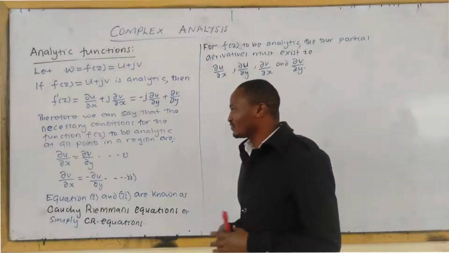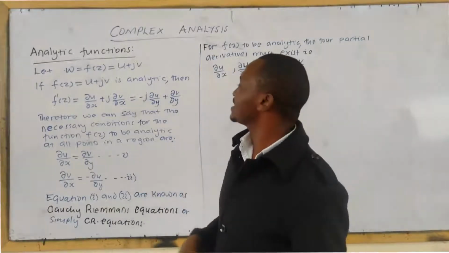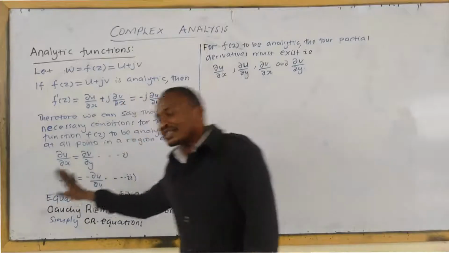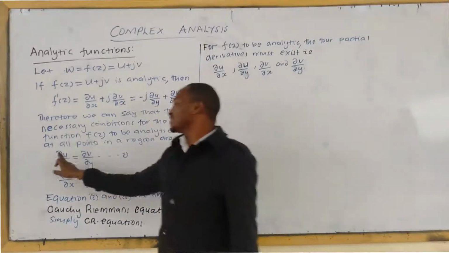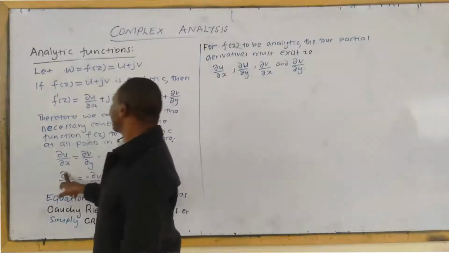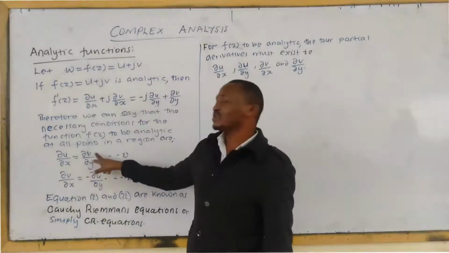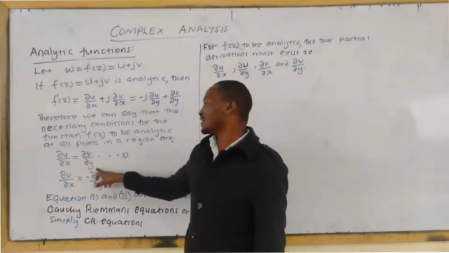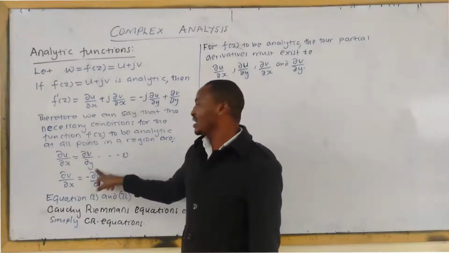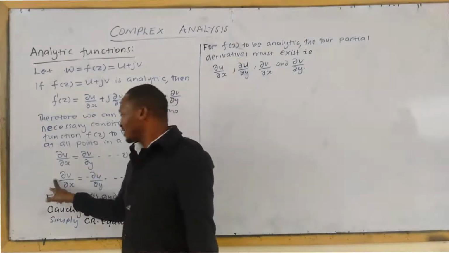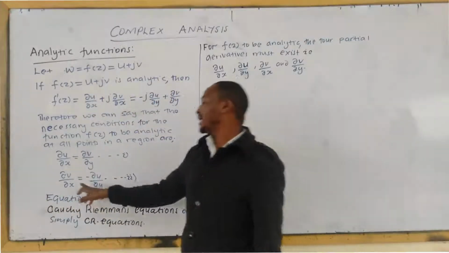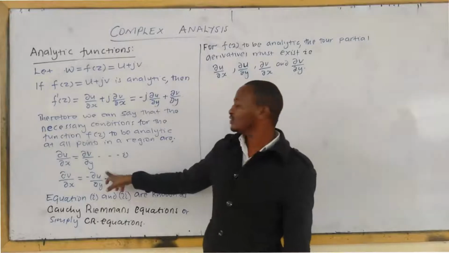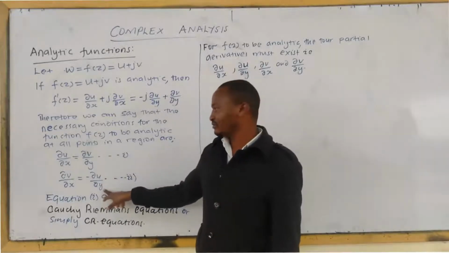So the conditions for the function to be analytic is that the derivative exists and also the partial derivative of u with respect to x is equal to the partial derivative of v with respect to y, and the partial derivative of v with respect to x is equal to negative partial derivative of u with respect to y.